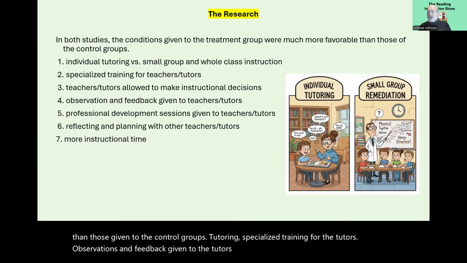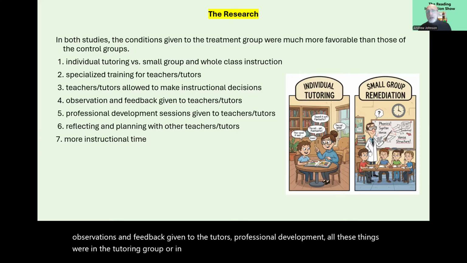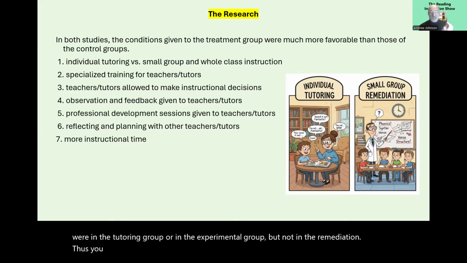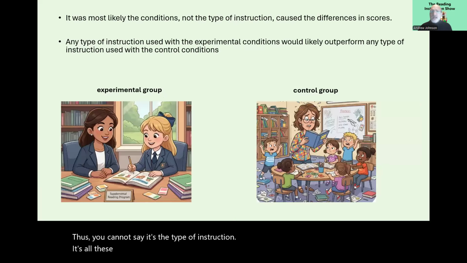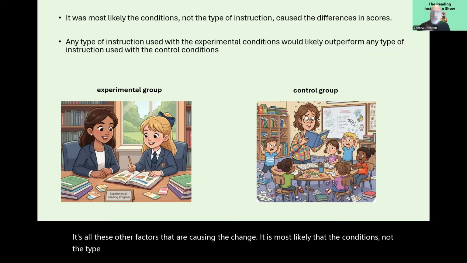All these things were in the tutoring group or in the experimental group, but not in the remediation. Thus, you cannot say it's the type of instruction. It's all these other factors that are causing the change.